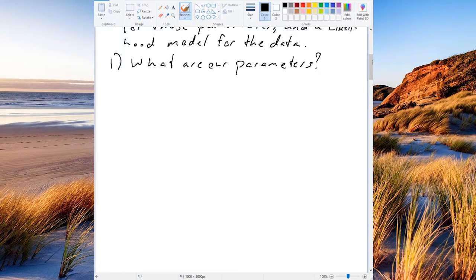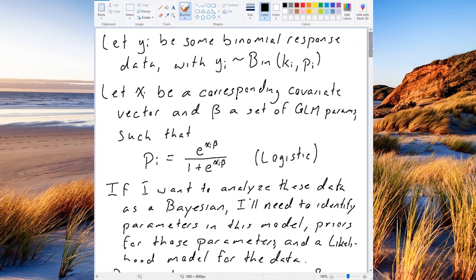Well, normally in a binomial model, our parameters would be the p's, the probabilities of successes, and we would assume that we have the number of trials in each of these yi's known. So p would be our parameter, but here p has a perfect relationship to some function of xi beta.